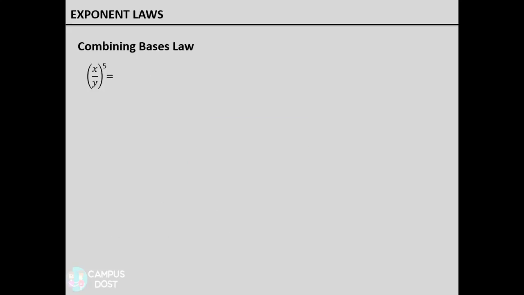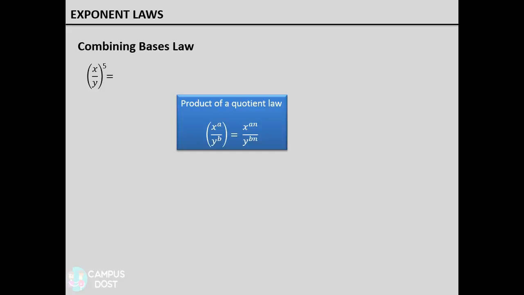Now, the next law is so similar to the previous law that we will use the same name. This law involves division, but the principle is pretty much the same as the last law.